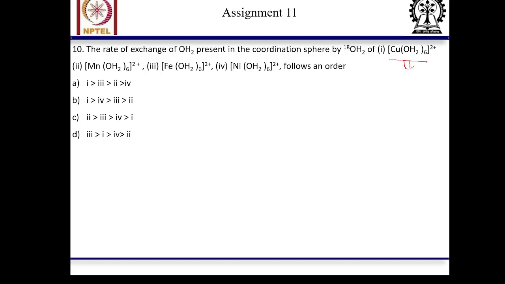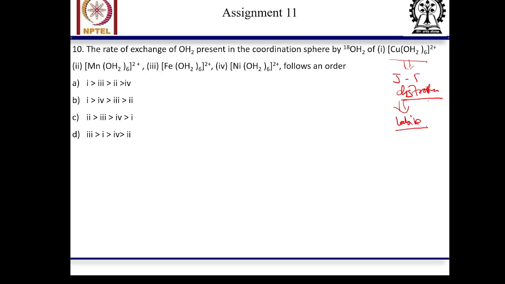That is not correct, because Cu(OH2)6 is not octahedral. It's a distorted octahedral. Okay, so here Jahn-Teller distortion is there, and because of that only, this is the most labile.